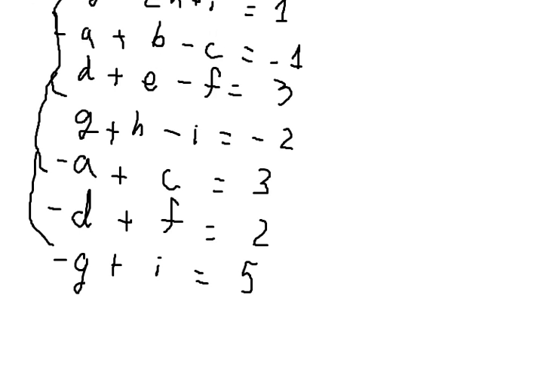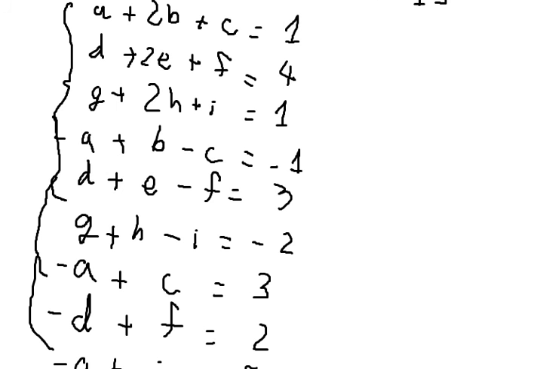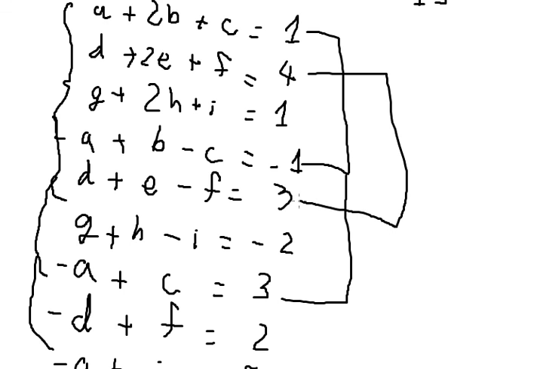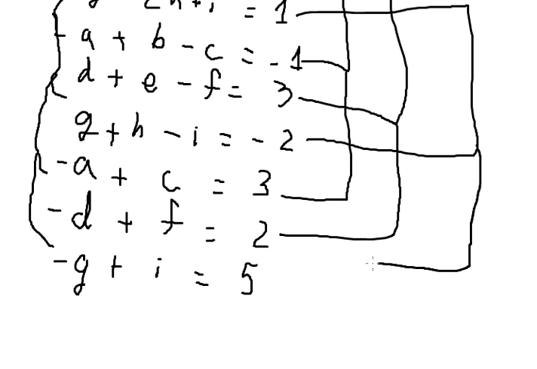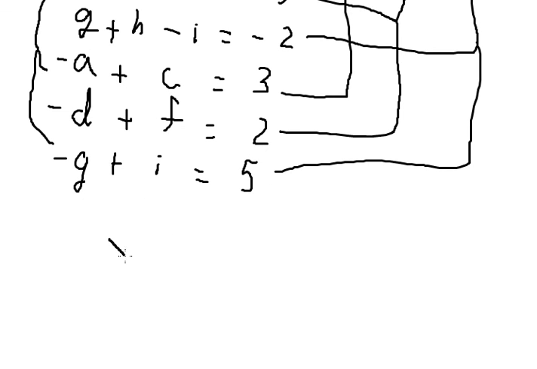After we create all 9 equations in here, we need to combine this equation with this equation and with this equation to find the value ABC. Later that we have number 4 with number 3 and number 2, and the last one, number 1 with negative number 2 and number 5, and the answer for matrix S you can get like this.